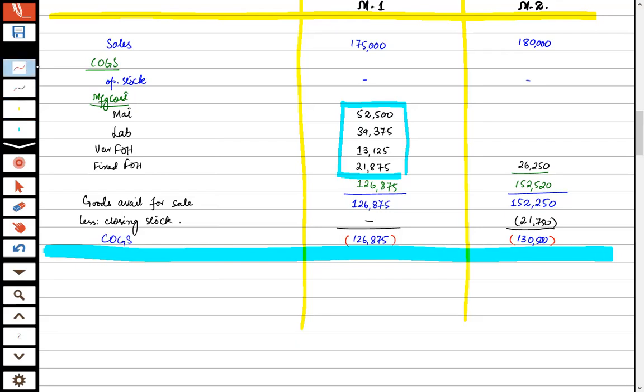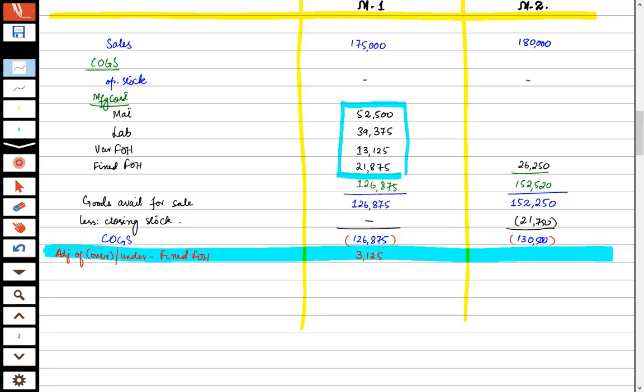So we will write a line: adjustment of over, because over will be lessened, or under fixed FOH. Now 21,875, and to make it 25,000, we will have to add 3,125.